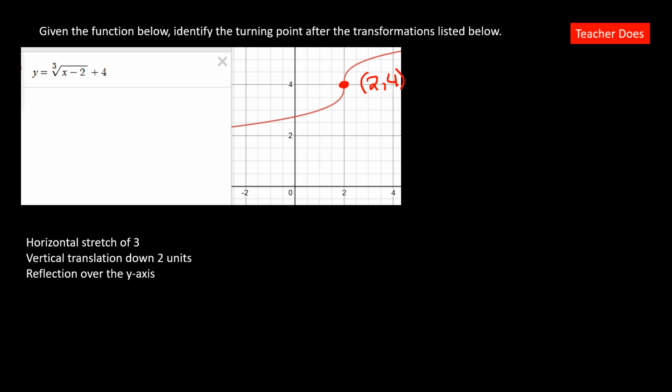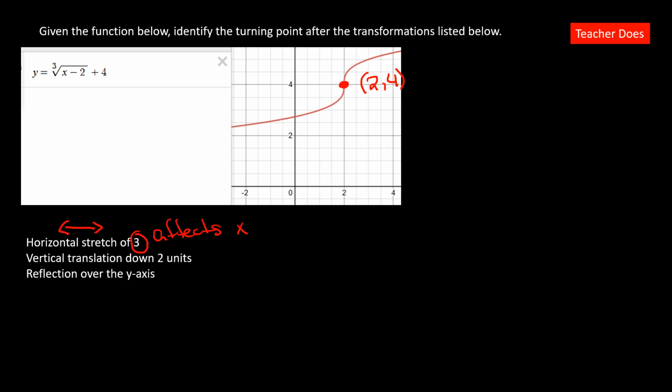What happens here is the first part is saying we're doing a horizontal stretch. Horizontal, you recall, is our side to side, right? So it affects our x value by a factor of 3. So we're going to go from (2, 4) and stretch it out horizontally, which means side to side, by 3.